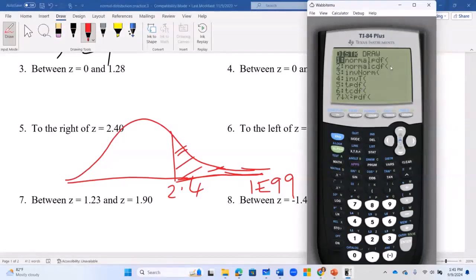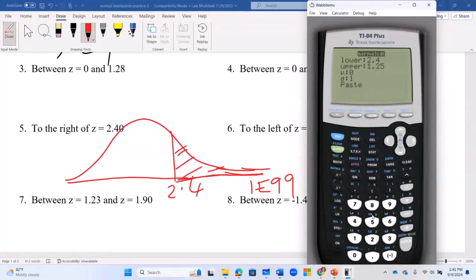Normal CDF because I'm looking for area. Normal cumulative density function. The lower bound is 2.4 because it's smaller than positive infinity. Okay, the upper bound is positive infinity.